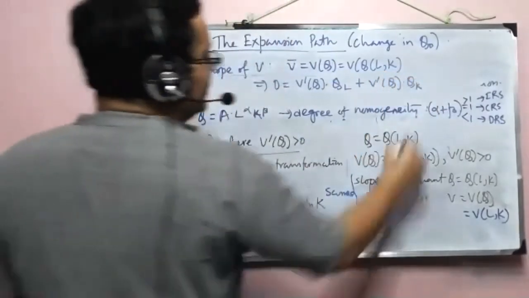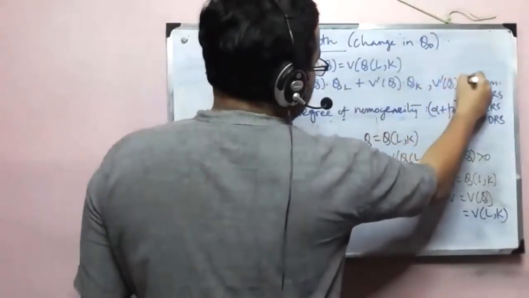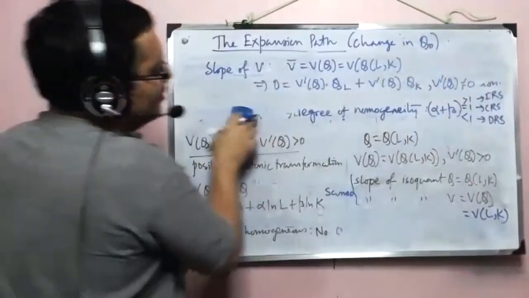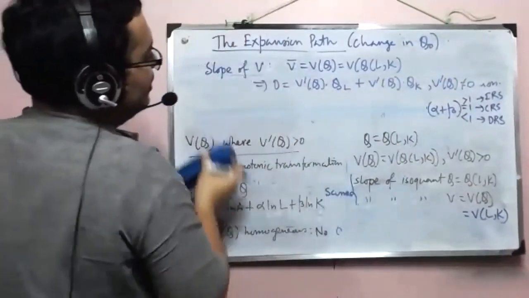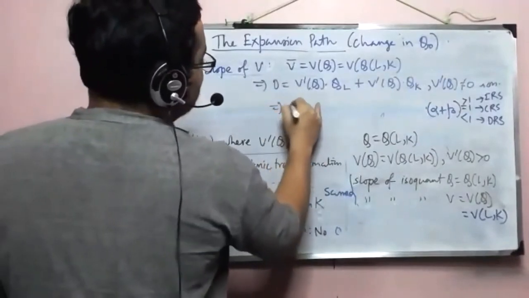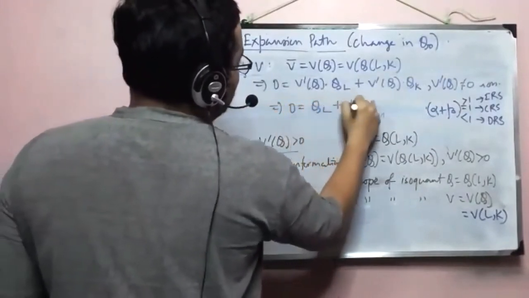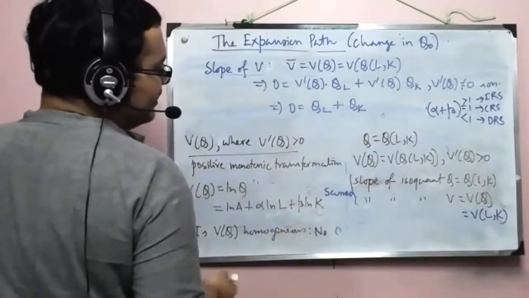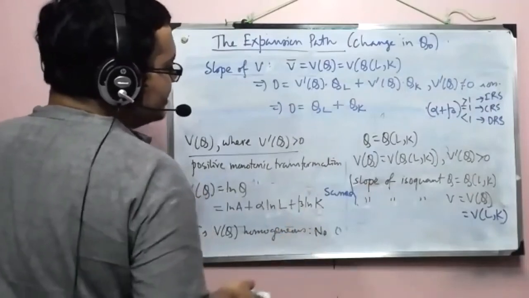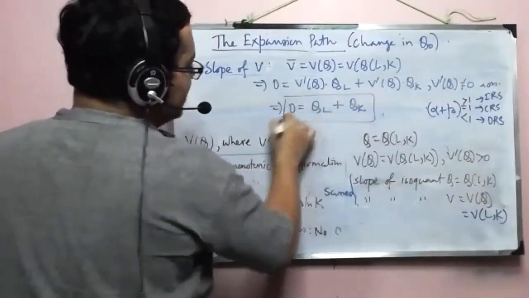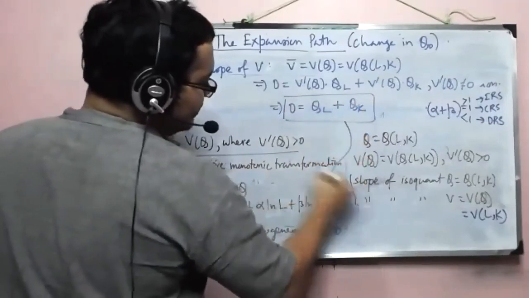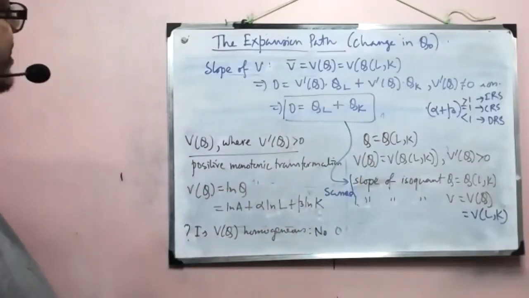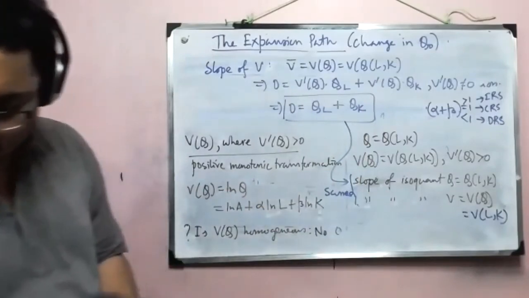Now V dash Q is positive, so basically non-zero, and that is the only thing required. So immediately the equation changes to 0 equal to QL plus QK. This is also the equation when I'm trying to find the slope of the isoquant Q. So the slope is the same. That's an advantage.